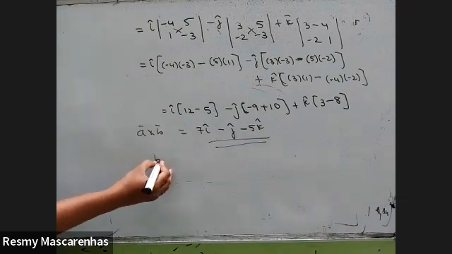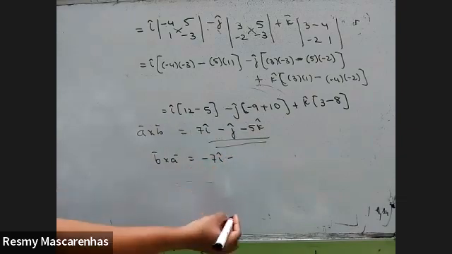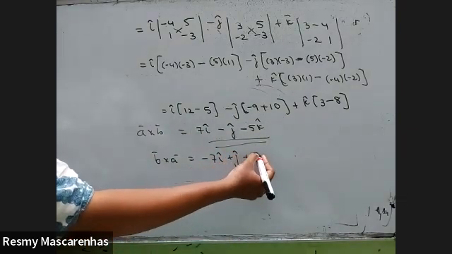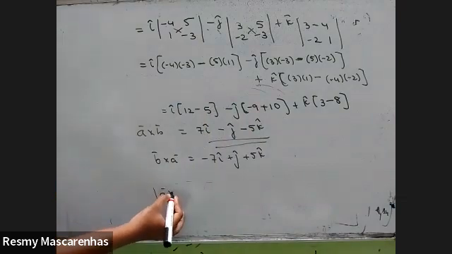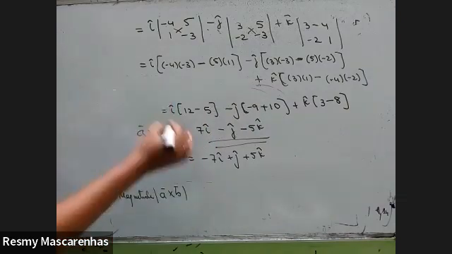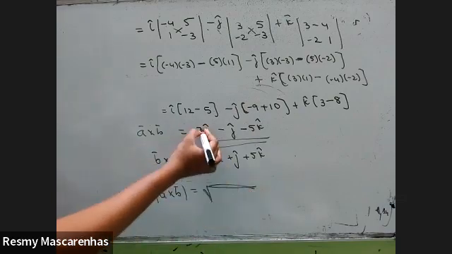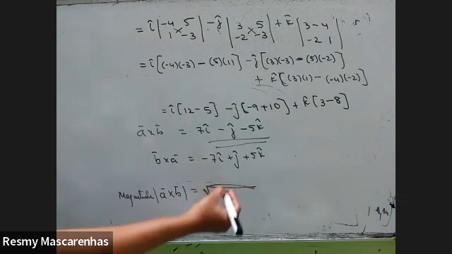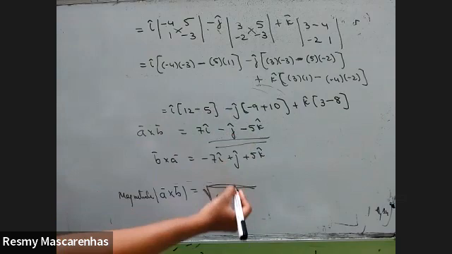If you are asked to find B cross A, you just have to reverse the sign. In case you are asked to find magnitude, although it was not in the question, what you have to do is just take the coefficients squared. It's x square plus y square plus z square. You just have to square the coefficient. 7 square, minus 1 square.